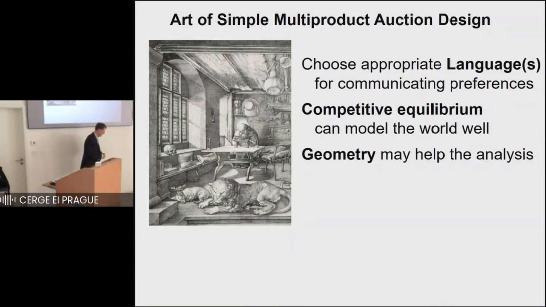Very little about solving even the most basic kind of single variety auctions once you've got more than one object to sell. Competitive equilibrium may be a much better way of thinking about things, and perhaps in other parts of economics as well. And geometry may help the analysis.